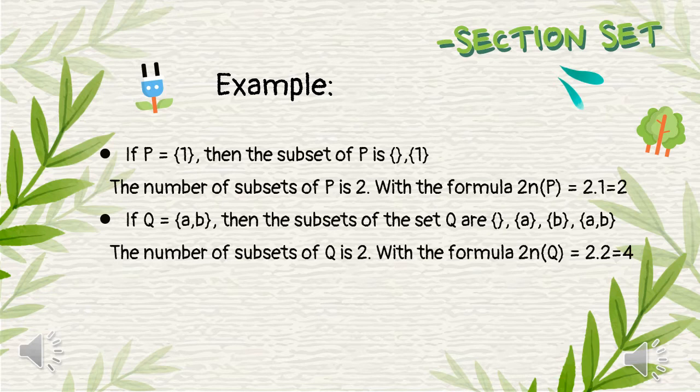If set Q is {A, B}, then the subsets of the set Q are the empty set, {A}, {B}, and {A, B}. The number of subsets of Q is 2^n(Q) = 2^2 = 4.